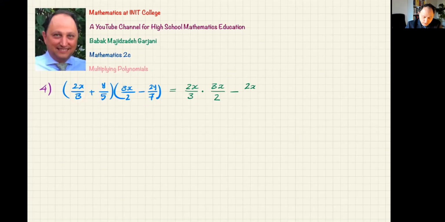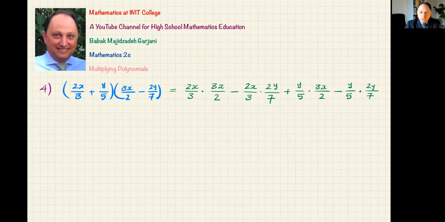But I have 2x over 3, and then I have 2y over 7. Then I'm done with this one, so I go to this one and do the same thing here and there. So this becomes plus y over 5 times 3x over 2. And the next one again becomes negative because one of them is positive, the other one is negative. So y over 5 multiplied by 2y over 7.